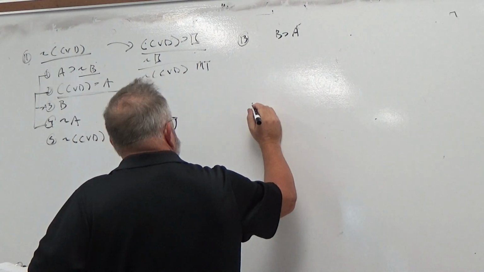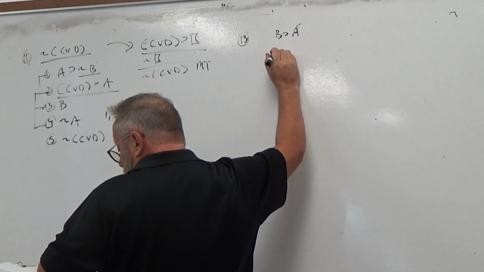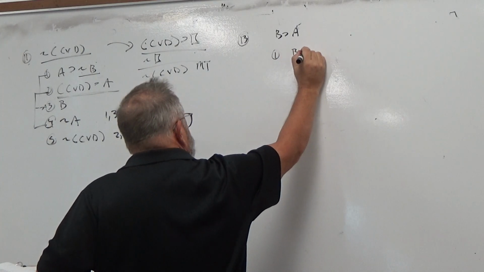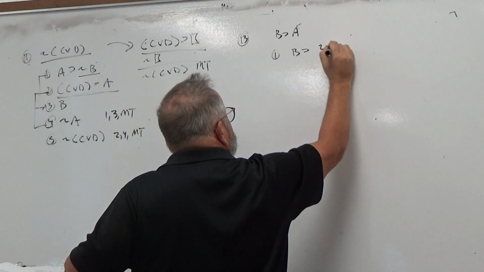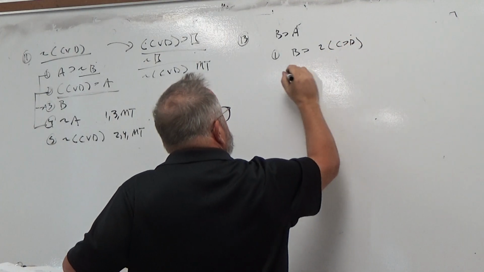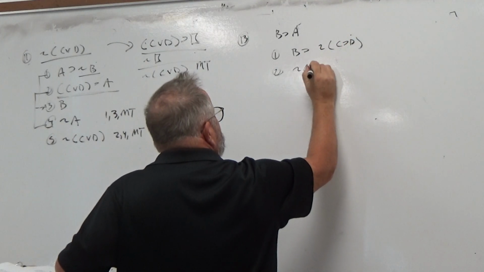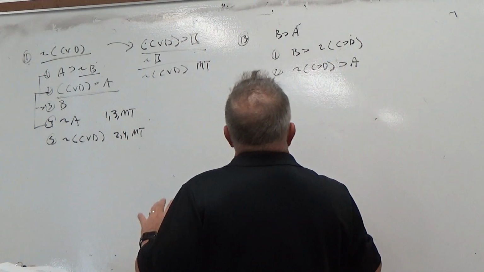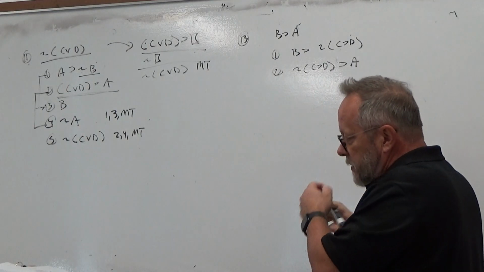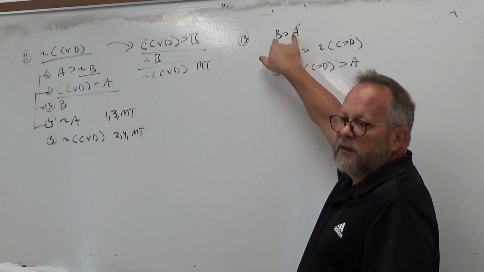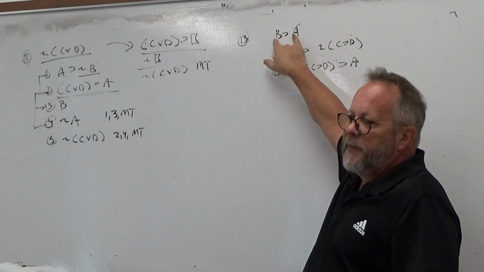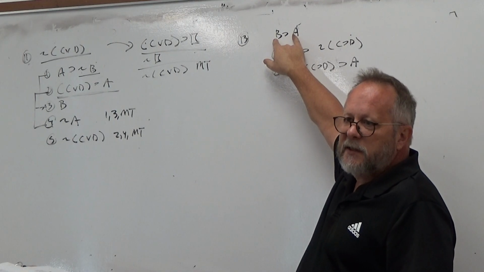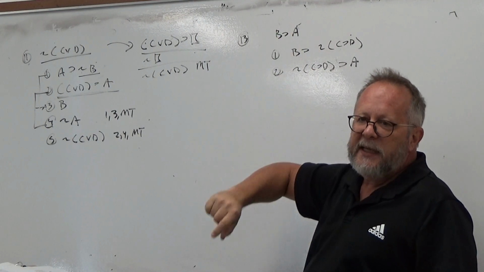So 13: B then A, and we have B then not C then D, and we have not C then D then A. Okay, so I'm going to think about this how I always do. I'm going to look for this, don't have it. I'm going to look for its opposite in an antecedent. I don't have that either.